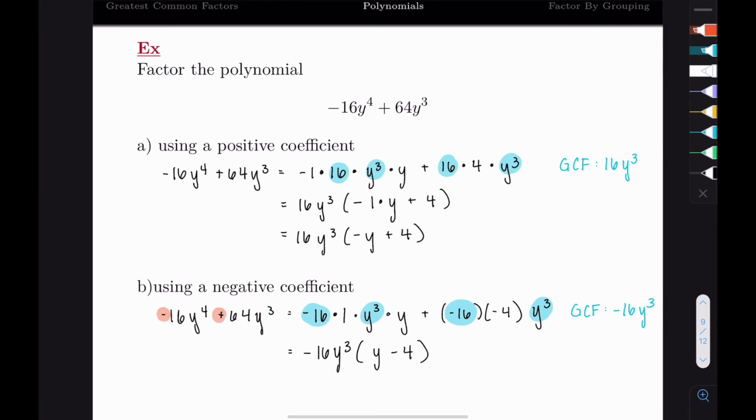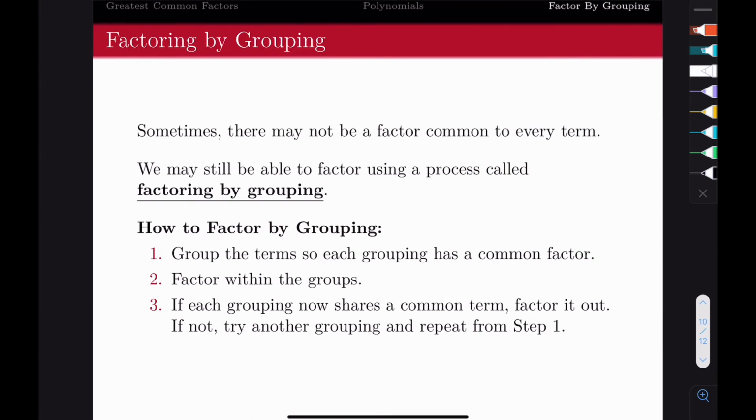So taking out a minus sign just flipped the signs on each of these pieces. Okay? So a lot of times taking out that minus can be useful just because it might leave you with a term that's a little bit simpler. So when we're dealing with factoring by grouping, we might have to take out a minus from certain components.